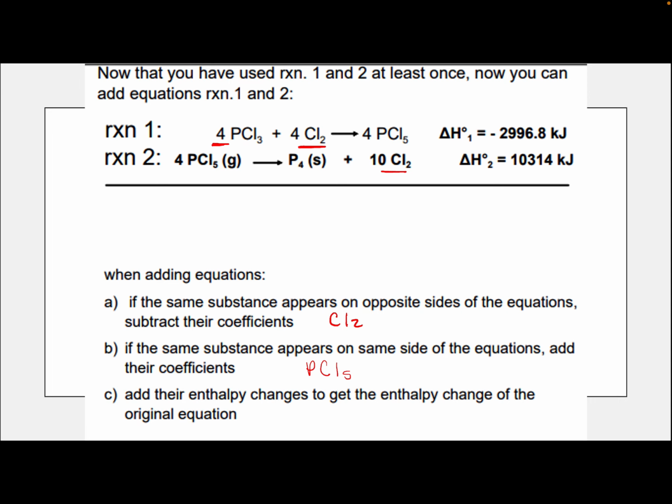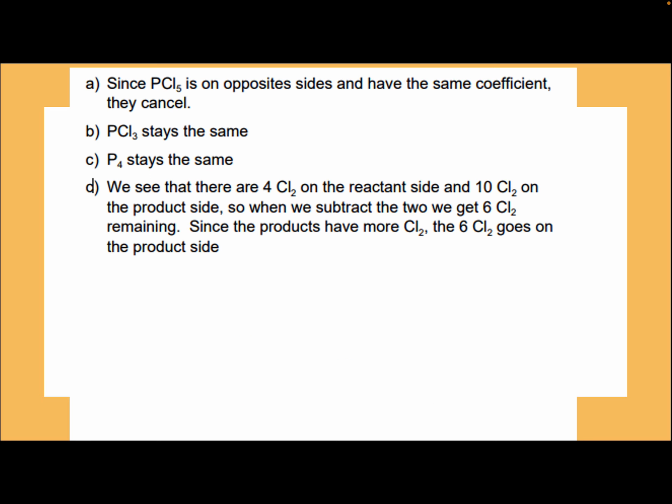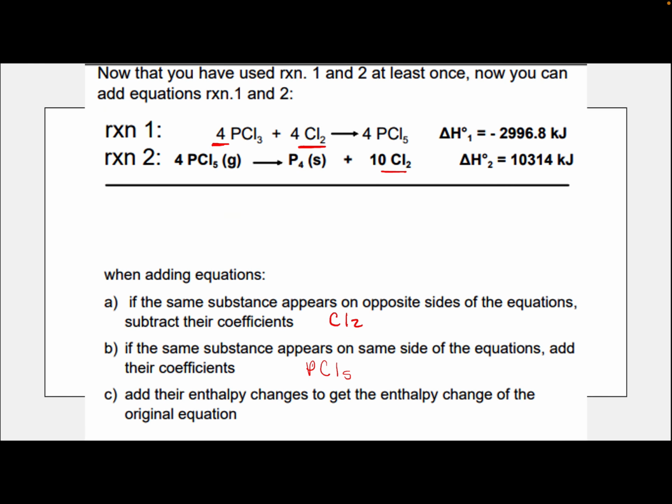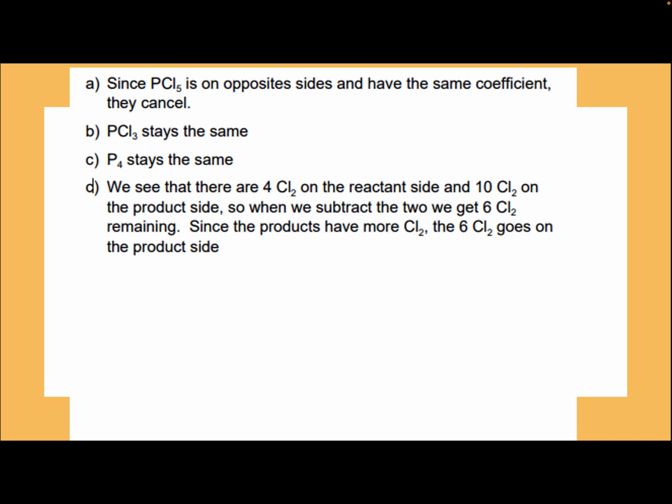So we know that PCl5 appeared on the same side, so therefore that's what we're going to use. And then we're going to add their enthalpy changes to get the enthalpy change of the original equation. So since, scratch this one out, since PCl5 is on opposite sides and they have the same coefficient, they cancel each other out.